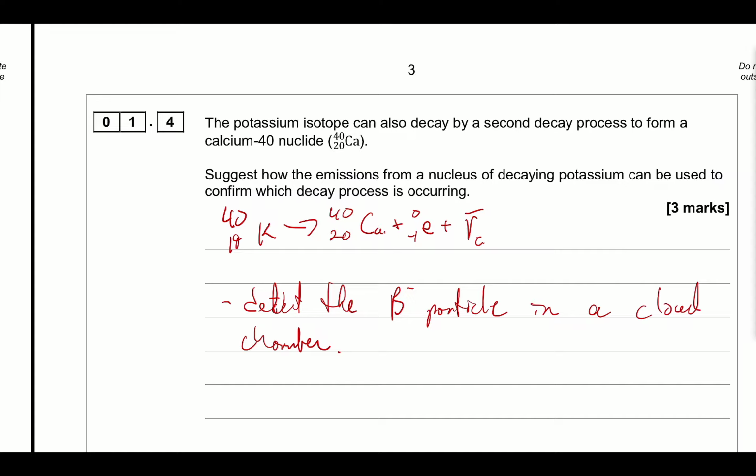Okay, because neither the neutrino nor the gamma photon given off is going to activate the cloud chamber, because they won't interact and they won't ionize the gas in the cloud chamber, whereas the electron, the beta particle, will. You'll see a long streak coming off of it.